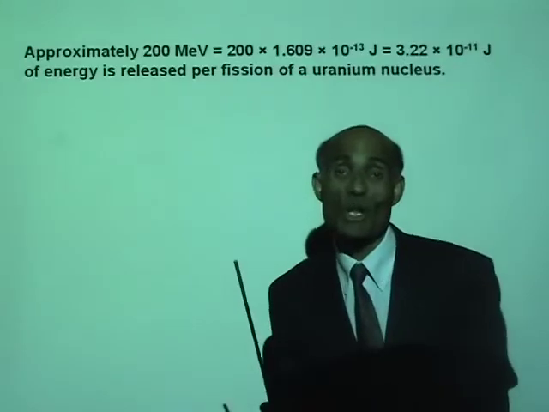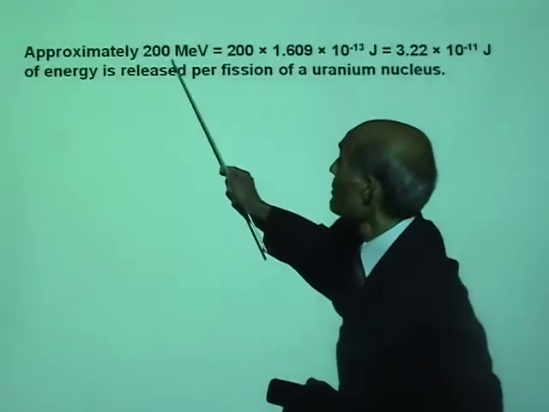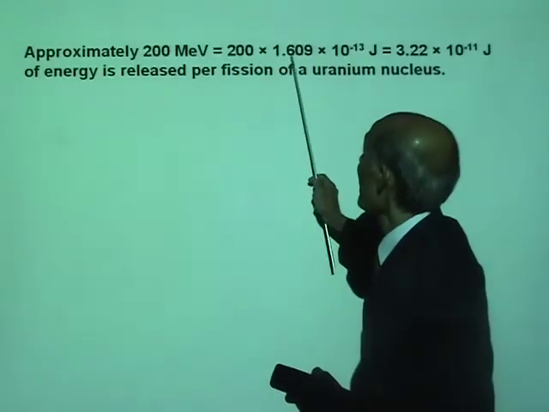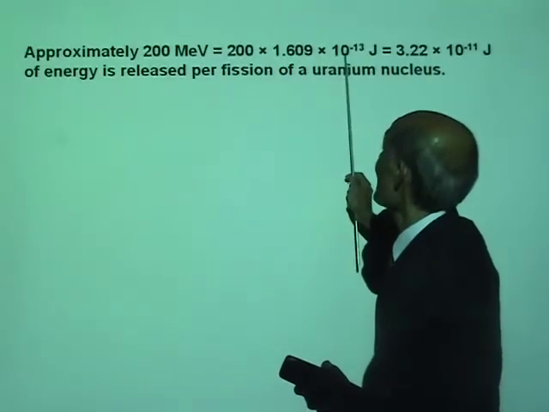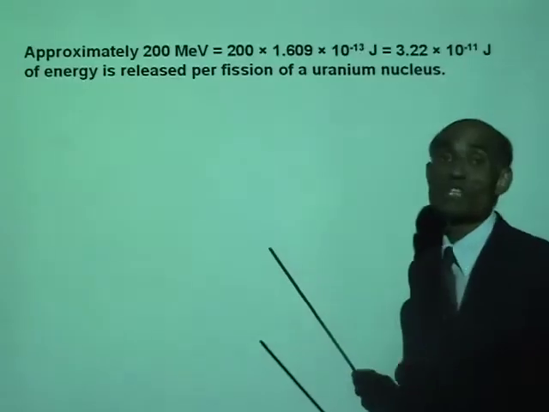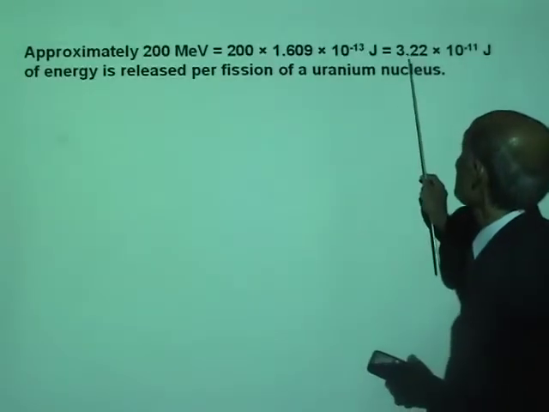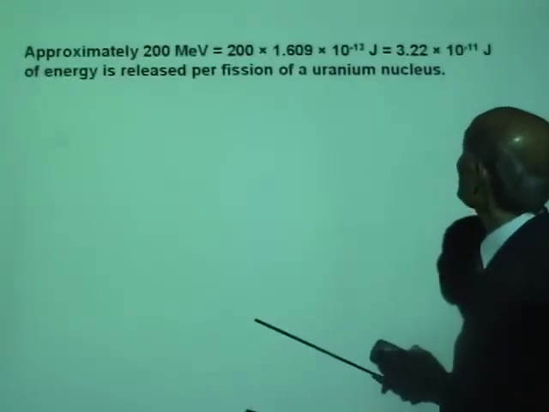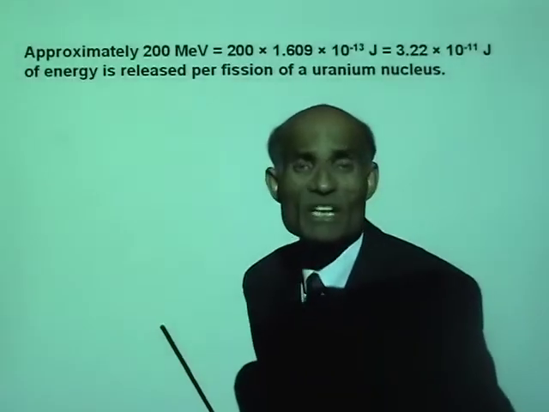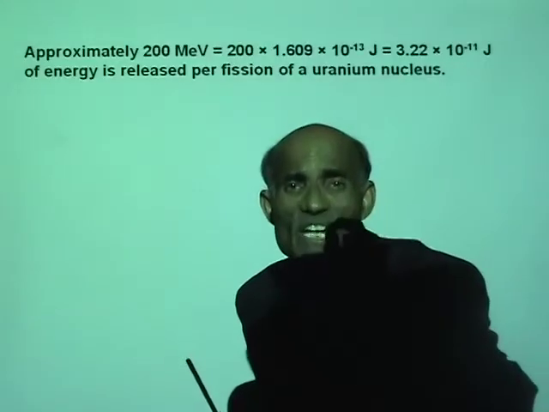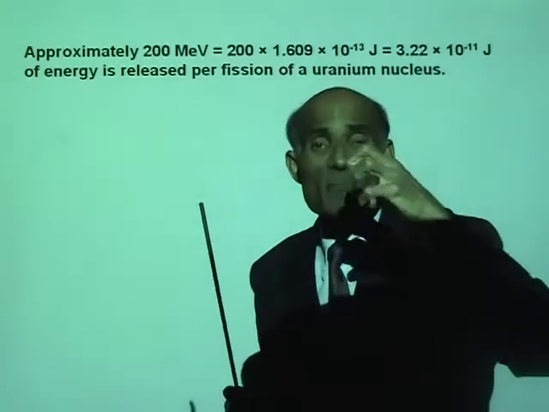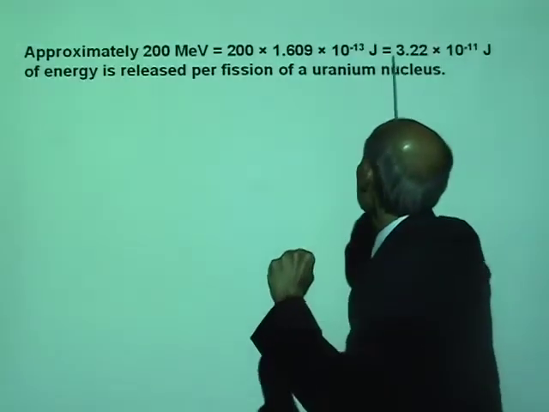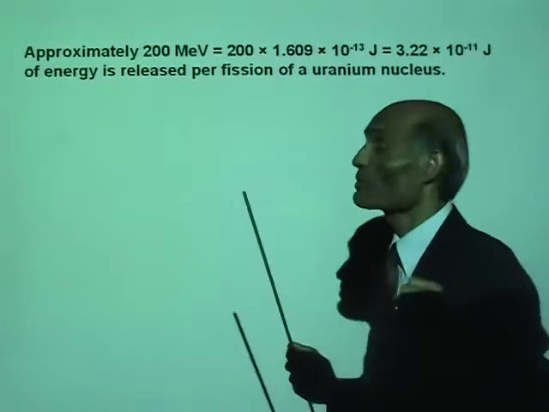Actually, that is not a lot of energy. 200 million electron volt is 200 times 1.609 times 10 to the negative 13 joules, which is 3.22 times 10 to the negative 11 joules of energy released for each fission. Each time one nucleus undergoes fission, this is the amount of energy that is released.